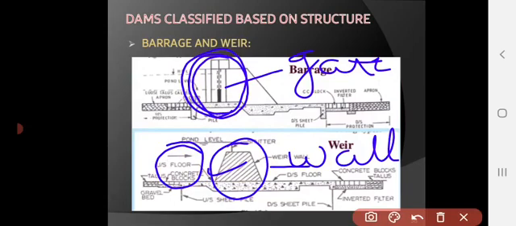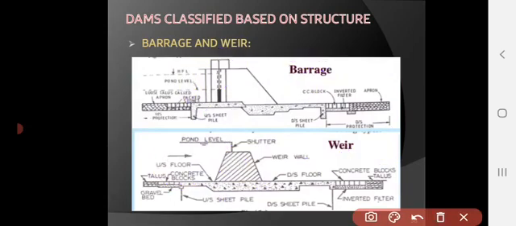So barrage and weir are small height dams, and the water storage or ponding is done by the gates in case of barrage and by the weir wall in case of weir. For the weir and barrage difference, just keep this figure in mind.